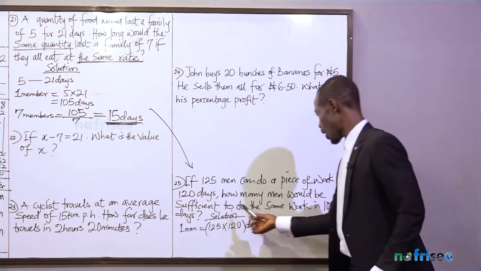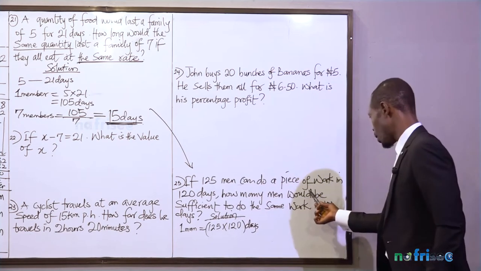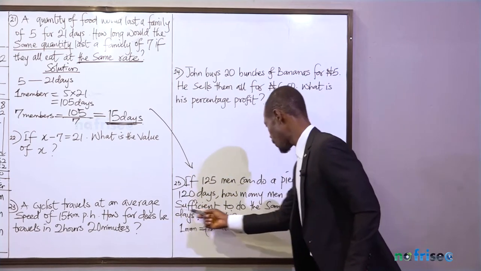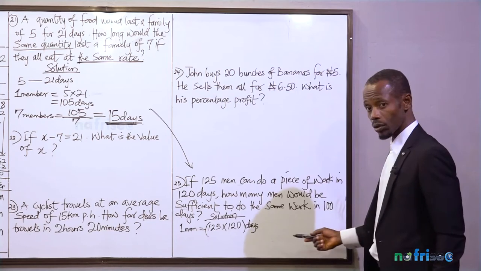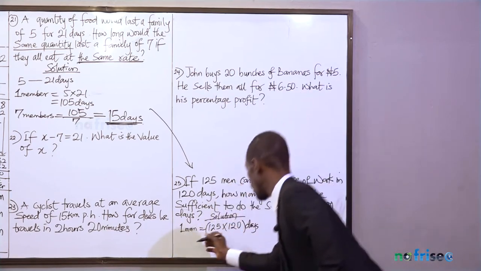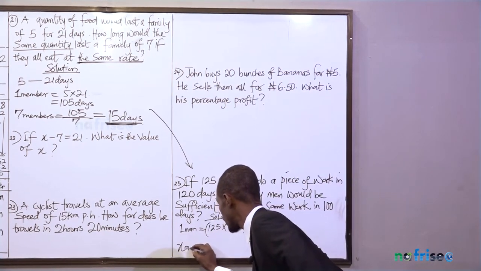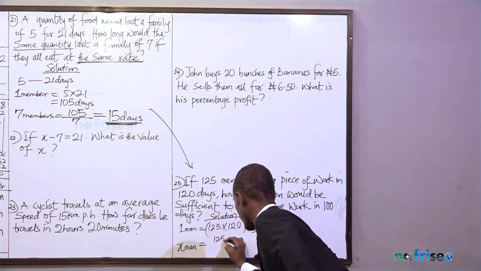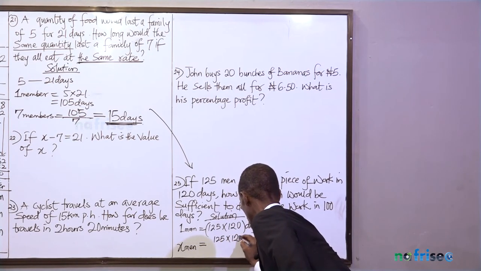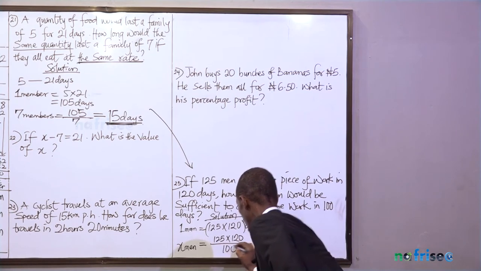Then I ask another question. How many men will be required or sufficient to do the same work in 100 days? You know what you do? Then X number of men that will do the job in 100 days will become 125 times 120 divided by 100. I don't want to waste time.